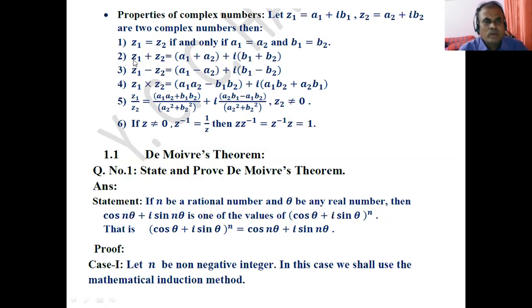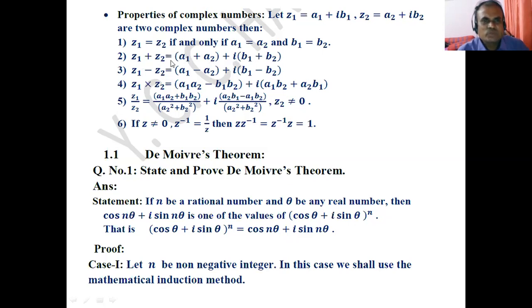Now second, the addition of these two complex numbers z1 plus z2 means we add the real parts of both complex numbers and the imaginary parts of both. So real part a1 plus a2, plus i b1 and plus i b2. So i is common, so plus i into b1 plus b2. So the addition of two complex numbers z1 plus z2 is equal to a1 plus a2, the real part addition, plus i into b1 plus b2, the imaginary parts addition.